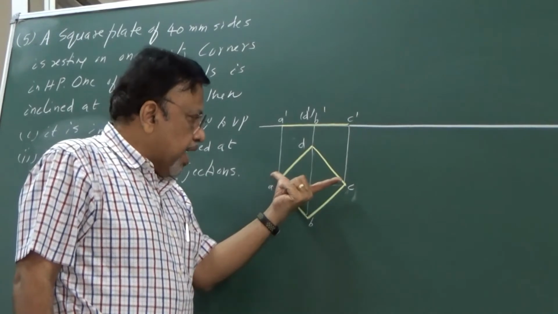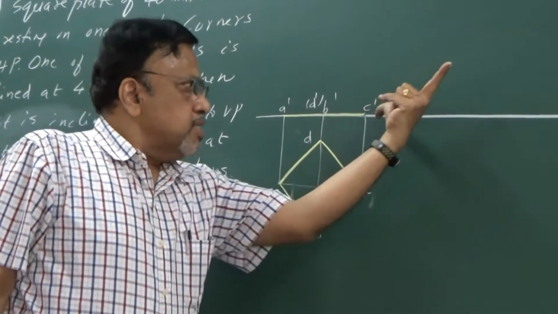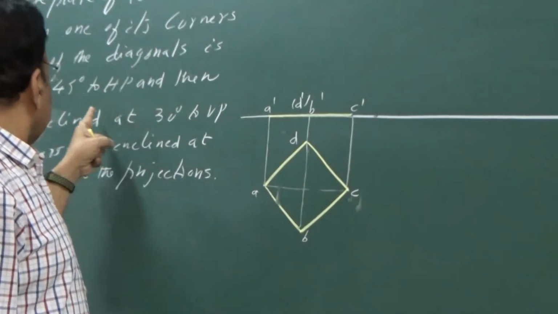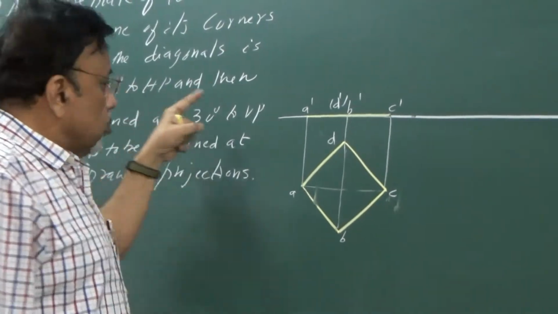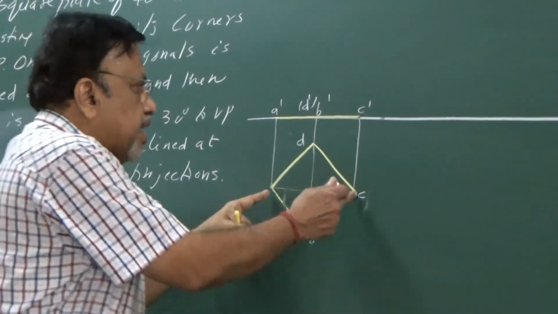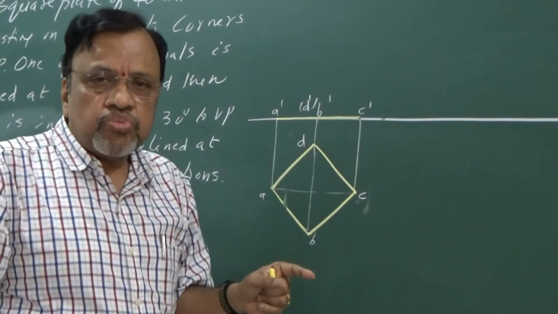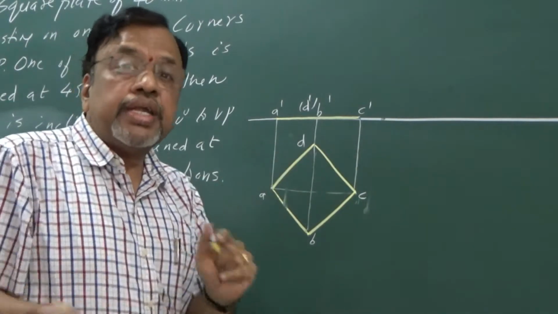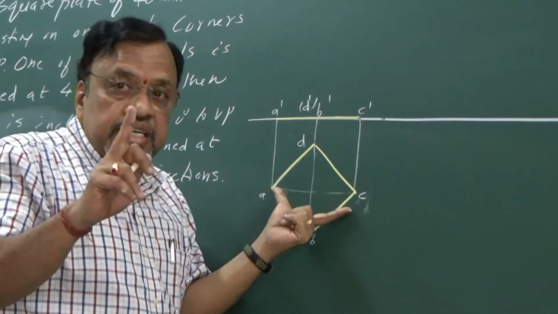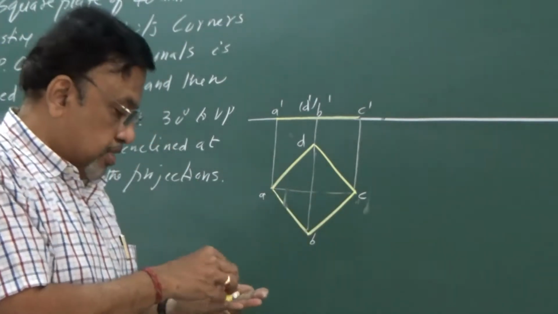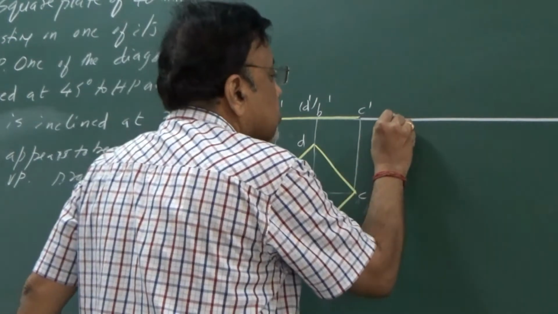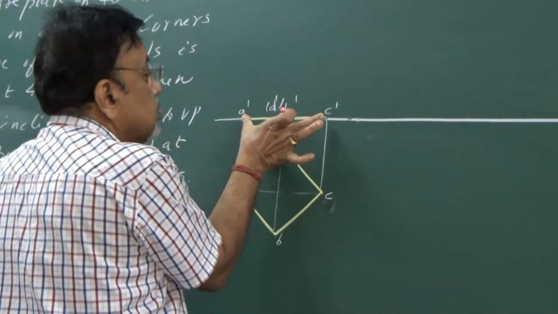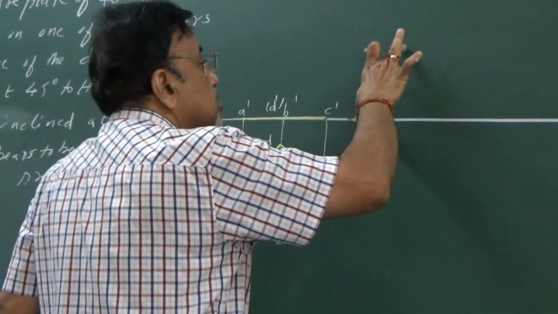Since this particular diagonal is parallel to VP, I can simply take this particular angle, that is 45 degrees to HP. That is, the diagonal AC is inclined at 45 to HP. That may say that instead of giving the surface inclination, I have given it in terms of side inclination itself. Okay, so let me do that. So take this length, put it here.